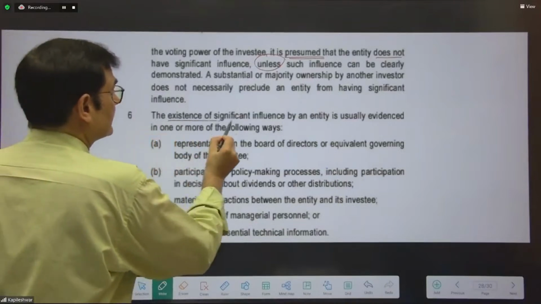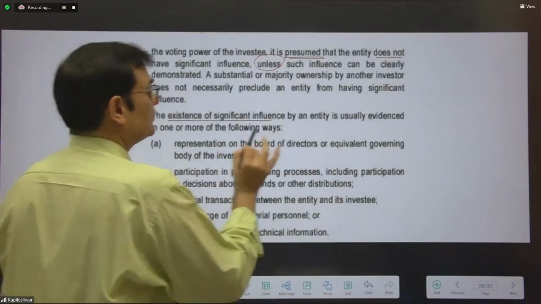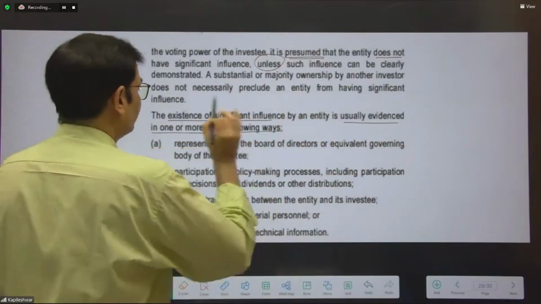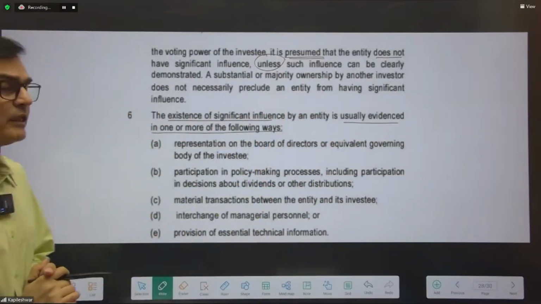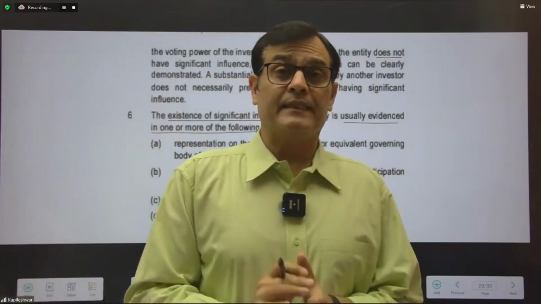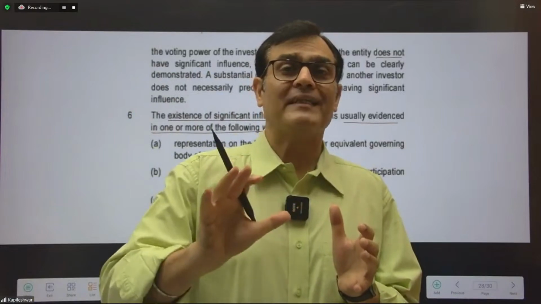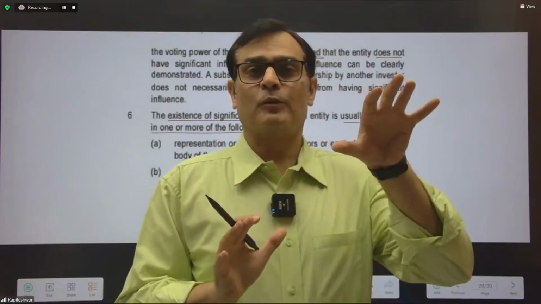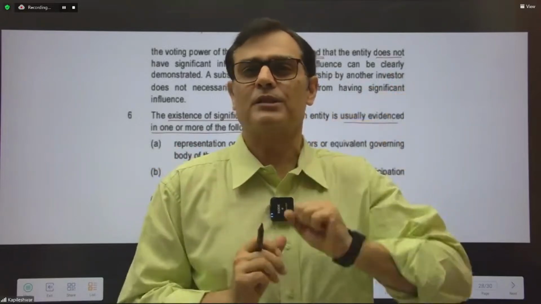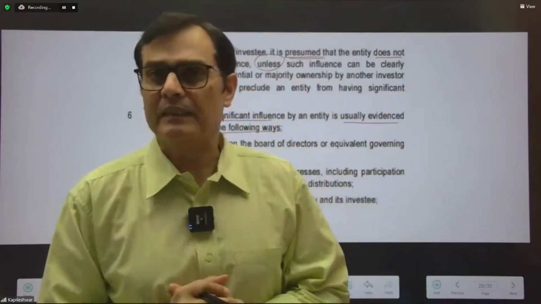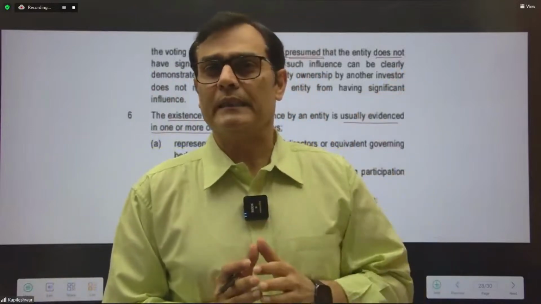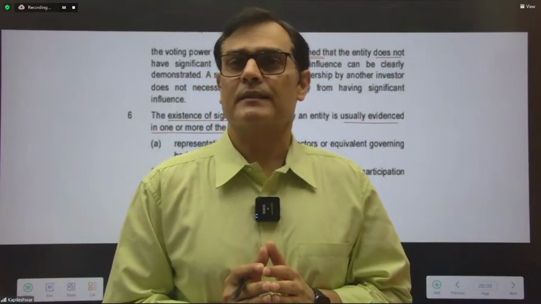It says the existence of significant influence is usually evidenced by one or more of the following ways. So there are another five parameters given in the standard. These indicators might say that even if you've got 20% plus, there is no significant influence. And these parameters could indicate that you've got less than 20%, but I would say there is still significant influence.